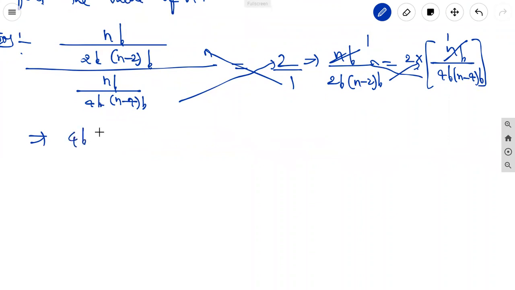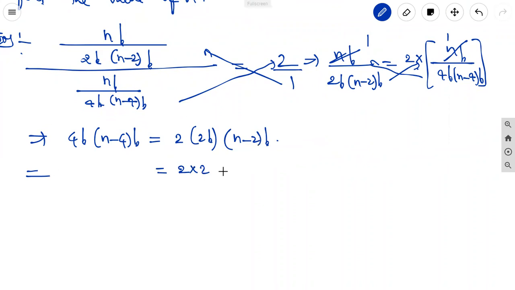Here 4 factorial into n minus 4 factorial is equal to 2 into 2 factorial into n minus 2 factorial. Here 2 factorial is nothing but 2. n minus 2 factorial can be written as n minus 2 into n minus 3 into n minus 4 factorial.